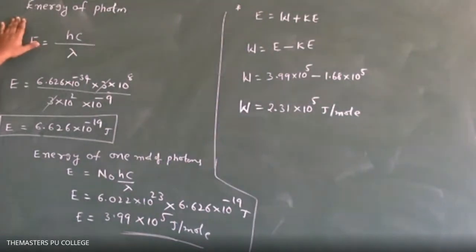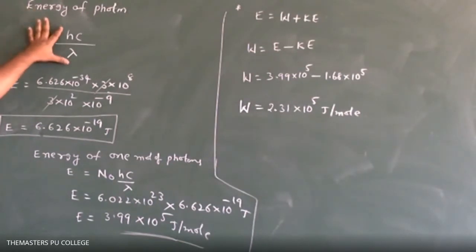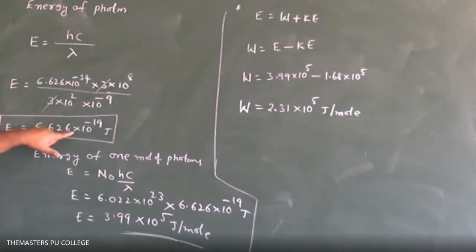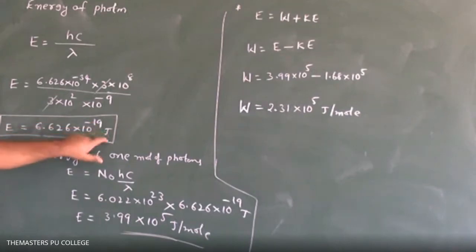Energy of a photon we can calculate if we know the wavelength. This is the formula: E is equal to hc by lambda. Lambda value is given, so we can calculate energy. This is 6.626 into 10 power minus 19 joules. Energy unit is joules.